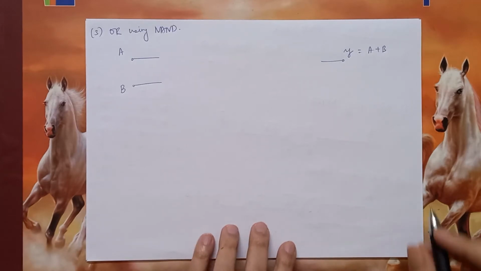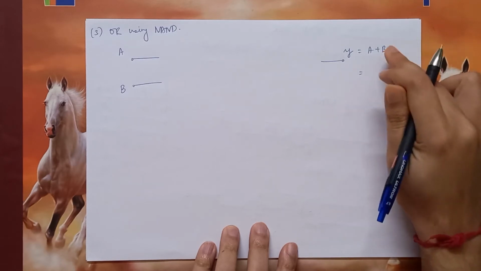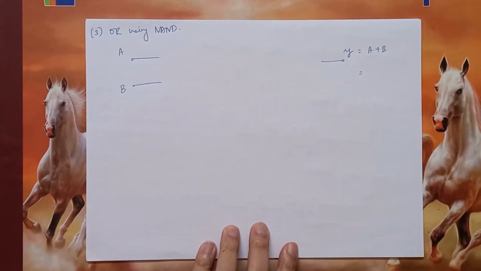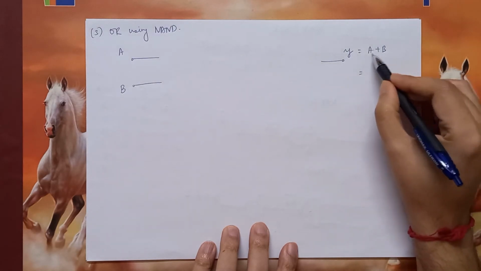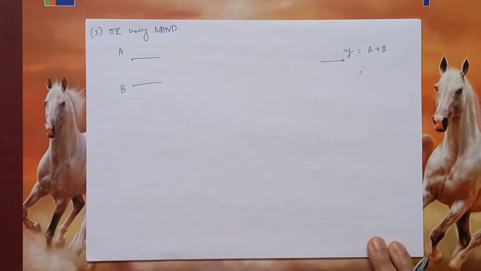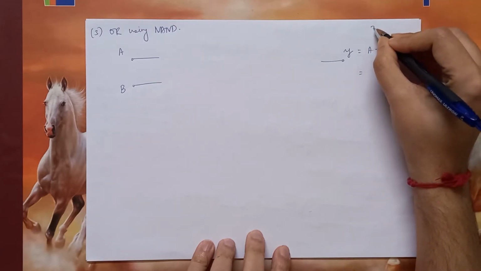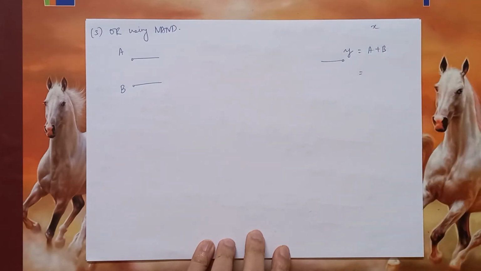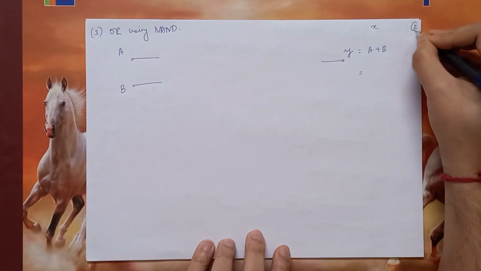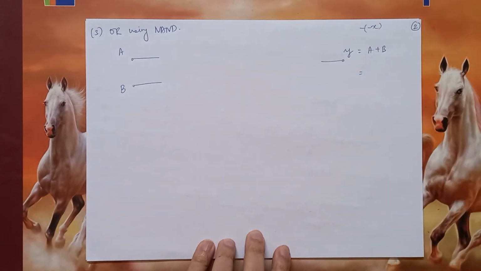Well, one way to get started is to rewrite this expression slightly differently. I can say that any logic variable is nothing but the complement of its own complement. For example, if I have a number x, the negative of its negative would be equal to the original quantity.